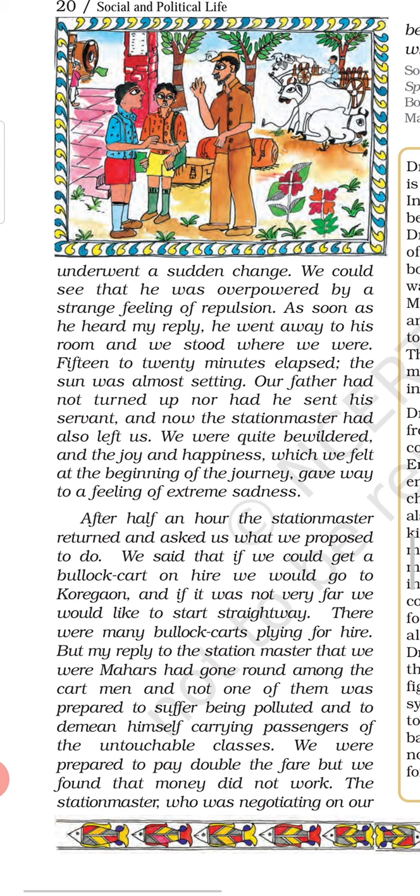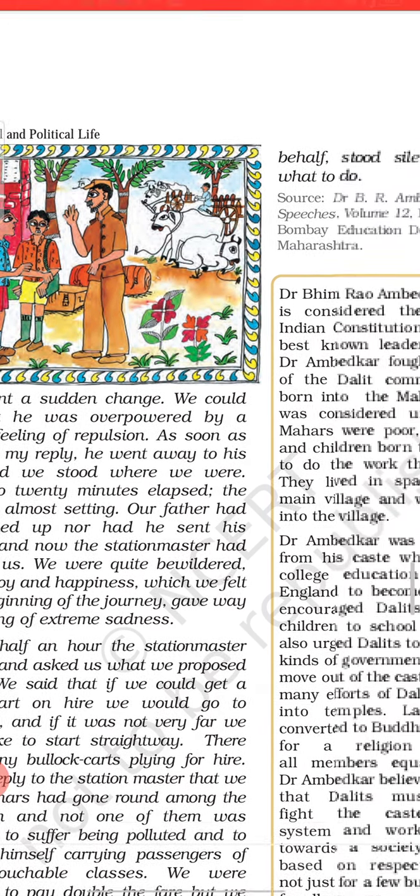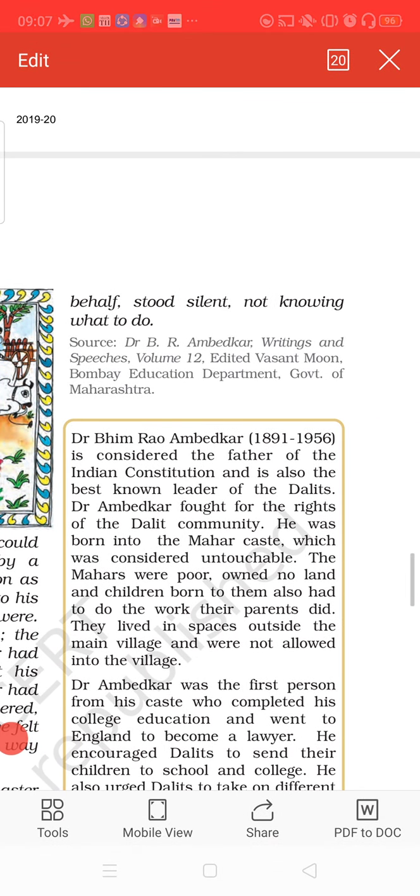There were many bullock carts plying for hire, but my reply to the station master that we were Mahars had gone round among the cartmen, and not one of them was prepared to suffer being polluted and to demean himself carrying the passengers of the untouchable classes. We were prepared to pay double the fare, but we found that money did not work. The station master, who was negotiating on our behalf, stood silent, not knowing what to do.